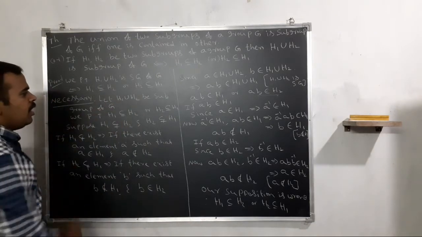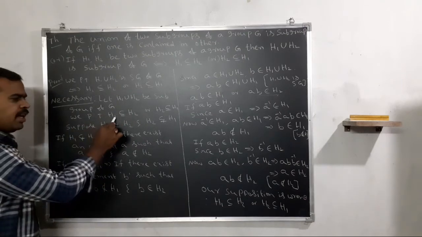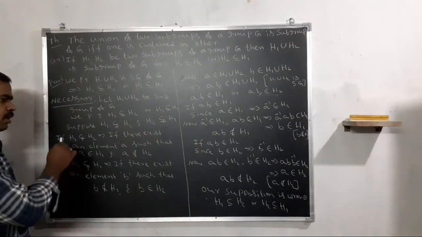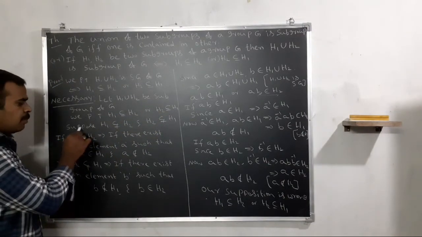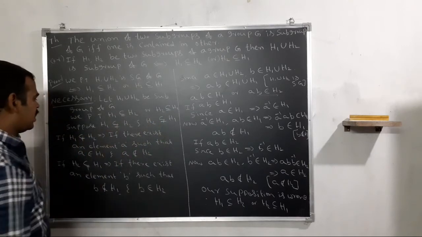Once again, to repeat this necessary condition: let H1 union H2 be a subgroup of group G. We prove that H1 is contained in H2 or H2 is contained in H1. Using the contradiction process, suppose H1 is not contained in H2 and H2 is not contained in H1.